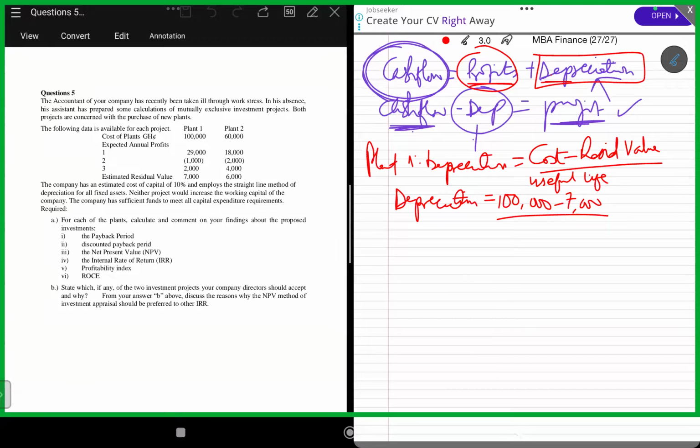So how many years are for plant one? 3 years. You see, year 1, year 2, year 3. So 3 years.